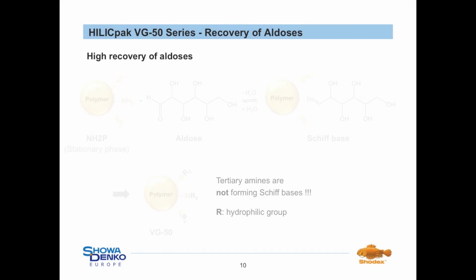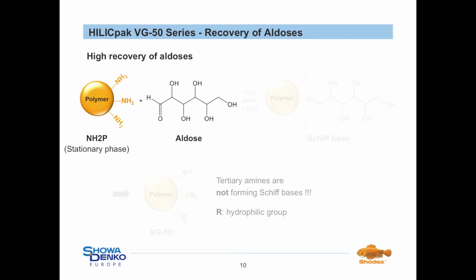In this scheme, you can see in a detailed overview how the modification towards a tertiary amine is increasing the recovery of aldoses. In the case of the NH2P series, primary amines react with the opened ring form of aldoses, which contain aldehyde groups, forming Schiff bases, also called imines.